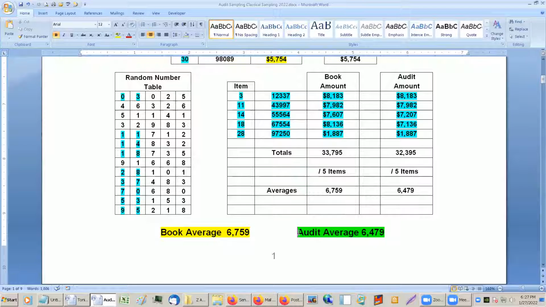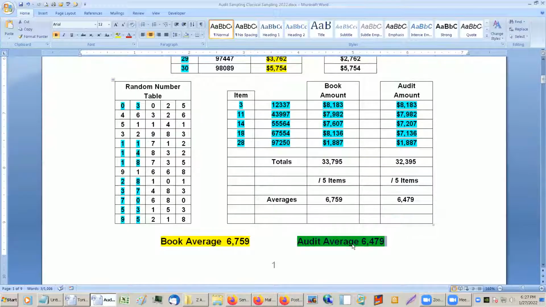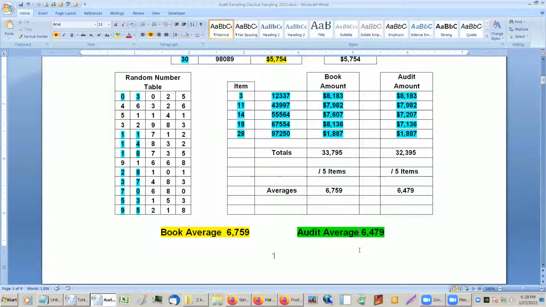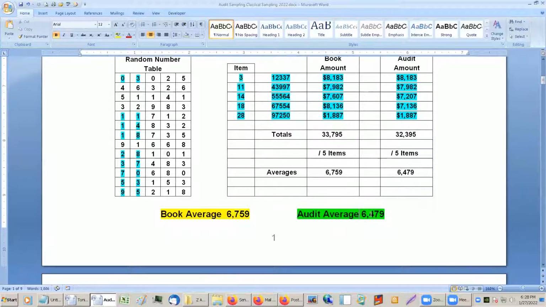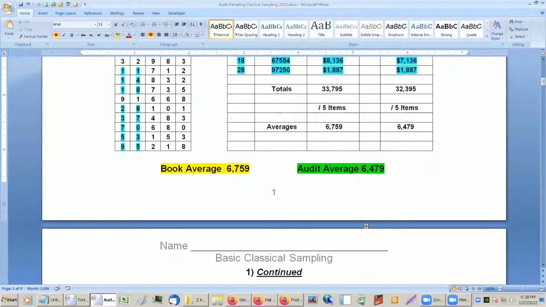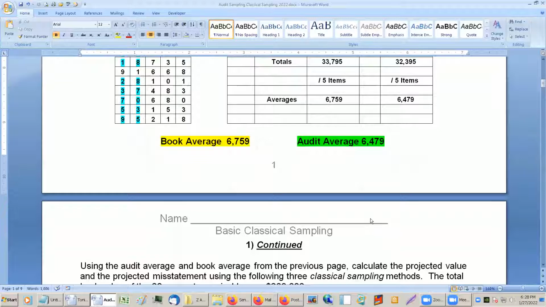Yeah, this is the better number. We went back and looked through the invoices or whatever we did, and we came up with this number. It's better than getting it secondhand from somebody else. So this is a more convincing number, the audit average. This is the one we're going to use, and to a large extent it runs what we're going to do with it.